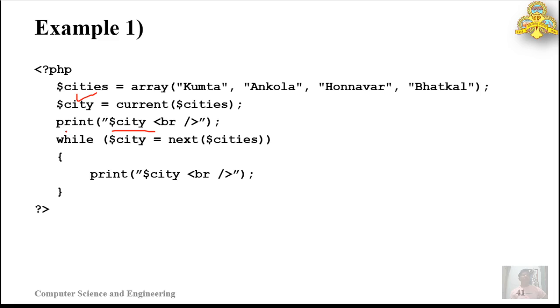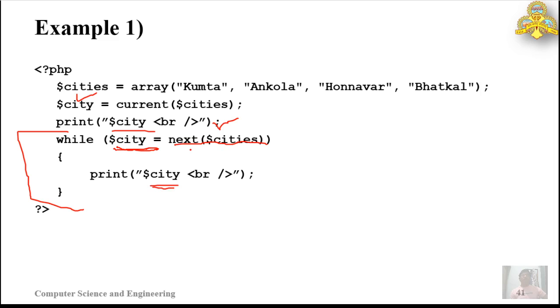Now I will use a while loop. Here the next function moves to the next pointer, and that value is returned. So in this statement I will get the word Kumta, and in the loop I will get the rest of the array, that is Ankola, Honavar, and Bhatkar. So city contains the returned value of the next function, and that variable is displayed.